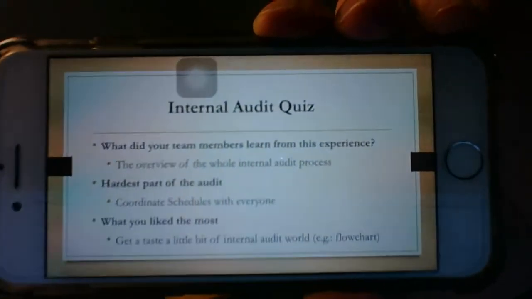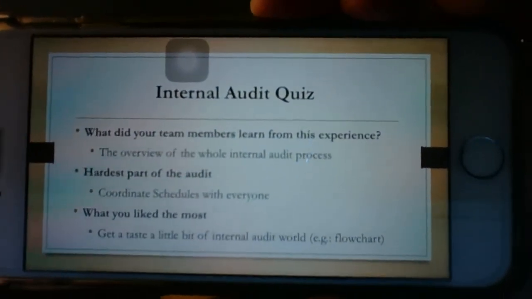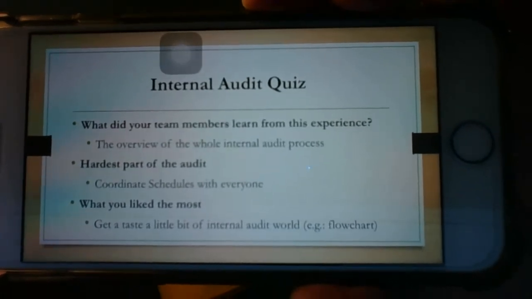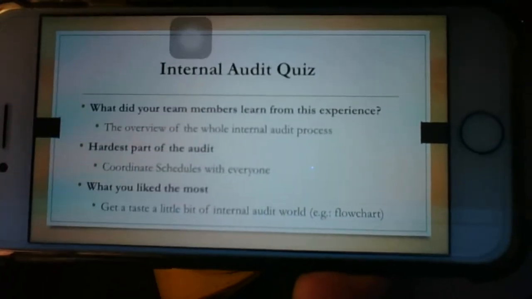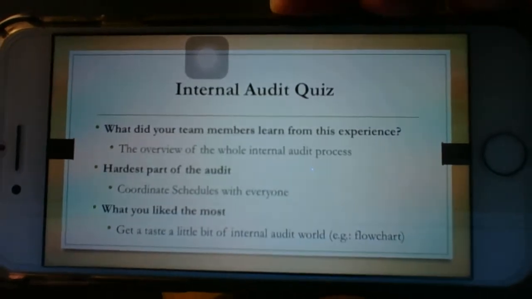So it seems like you have three big questions, like what did your team member learn from this experience? I think the overview of the whole internal process as a big picture is really helpful because we are not just focused on one step, one process, one control, or one number.